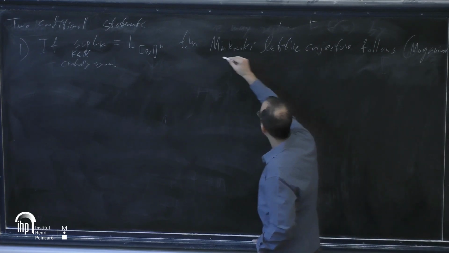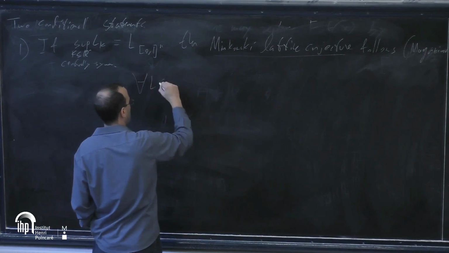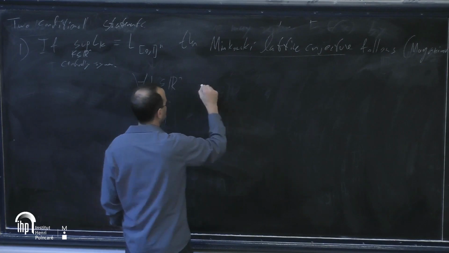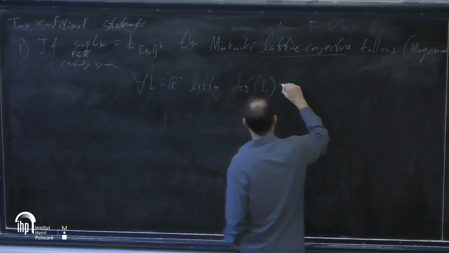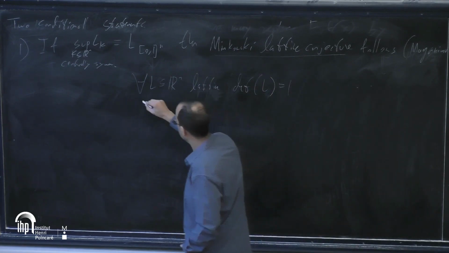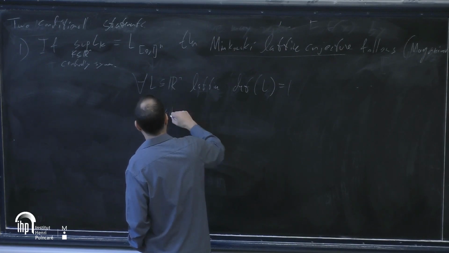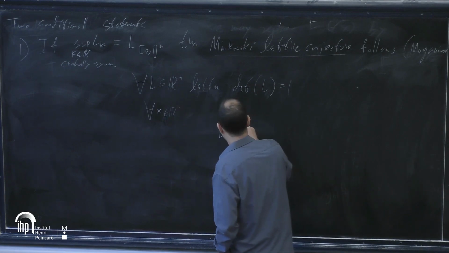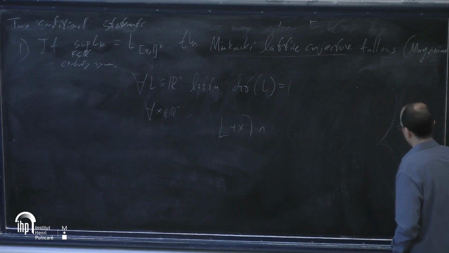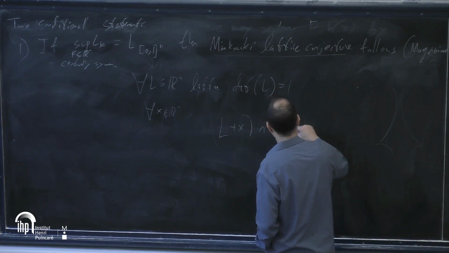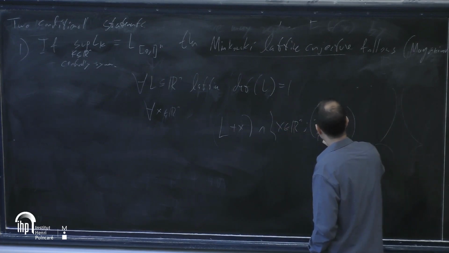What's the Minkowski lattice conjecture? This is the conjecture that for any lattice L of covolume 1, of determinant 1, and for any translate, if you take the lattice L plus x and intersect it with some shape, the shape of all points in R^n where the geometric average of the coordinates is small, so this comes from algebraic number theory.